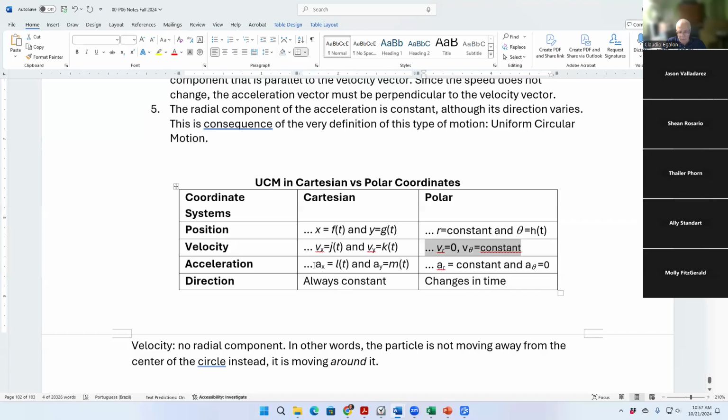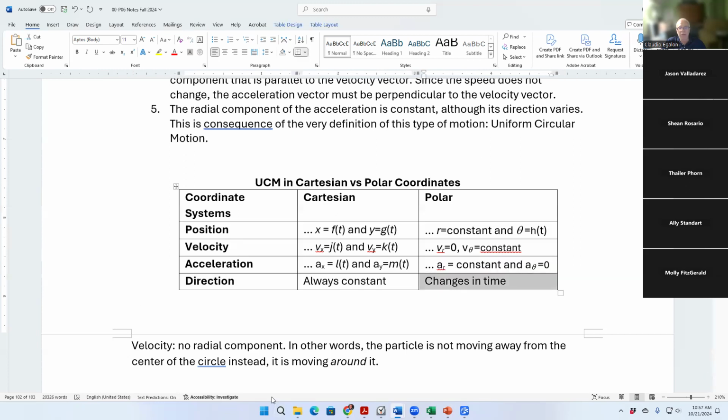The acceleration, you're going to find out the x component of the acceleration is going to vary as well. The direction in both cases is going to change in time. Oh no, sorry. The direction here, the x hat and y hat are going to be constant, right? But not in the polar coordinate system.